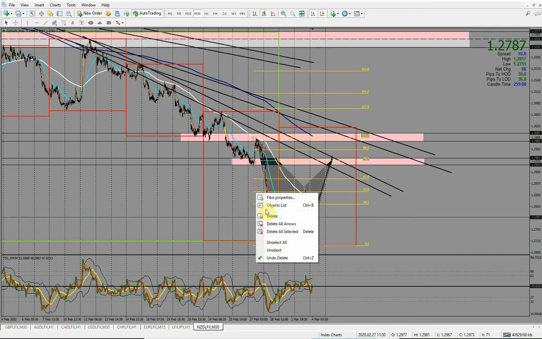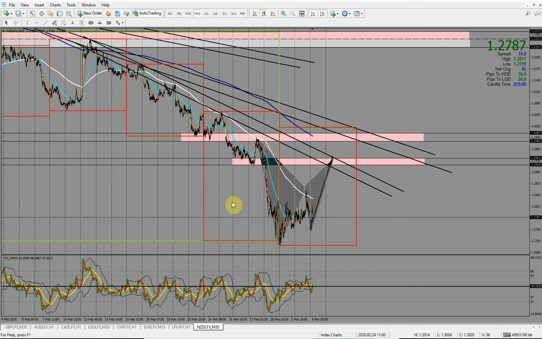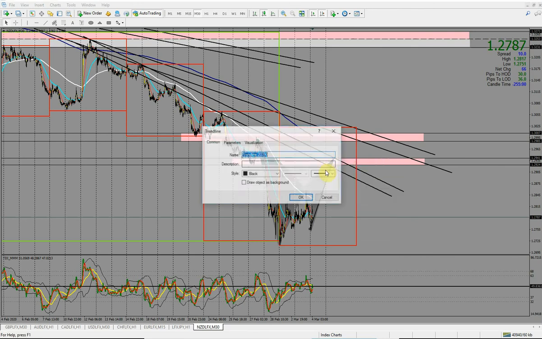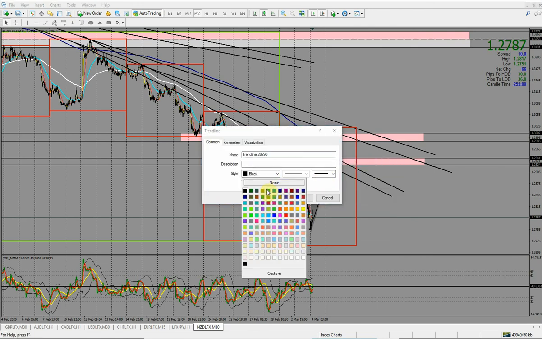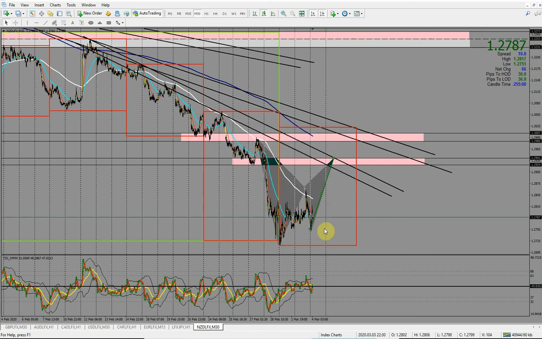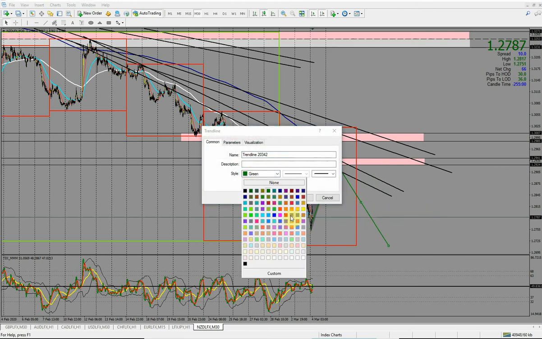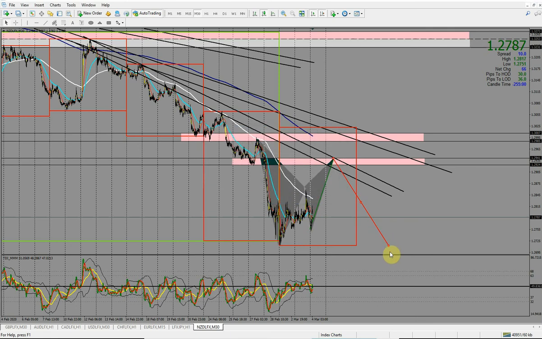Okay, so that is my pattern right over there. I think I'm going to take this one more than the one at the top. So I'm just going to change the color to green, and then change this color into red. There we go. So that is my analysis there for NZD.